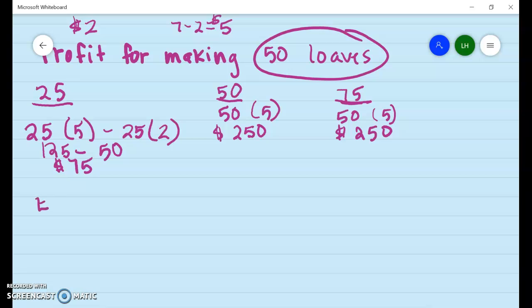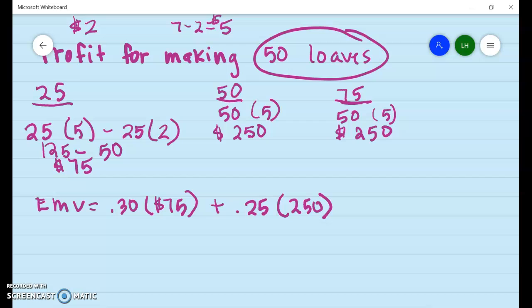So our expected monetary value is going to be our probability of selling 25 times the profit of selling 25. And then the probability of selling 50 was 25%, and we would make a profit of $250.